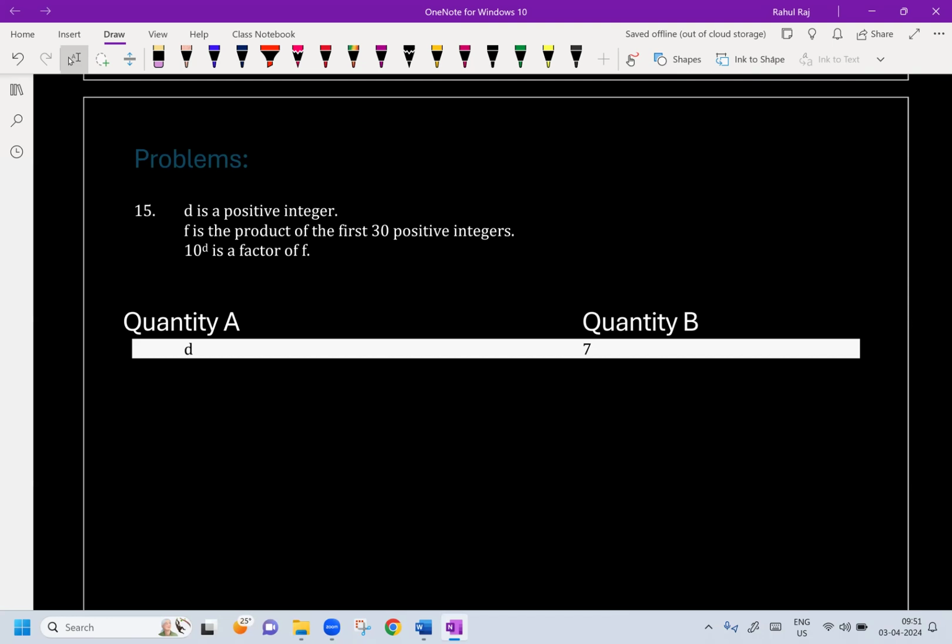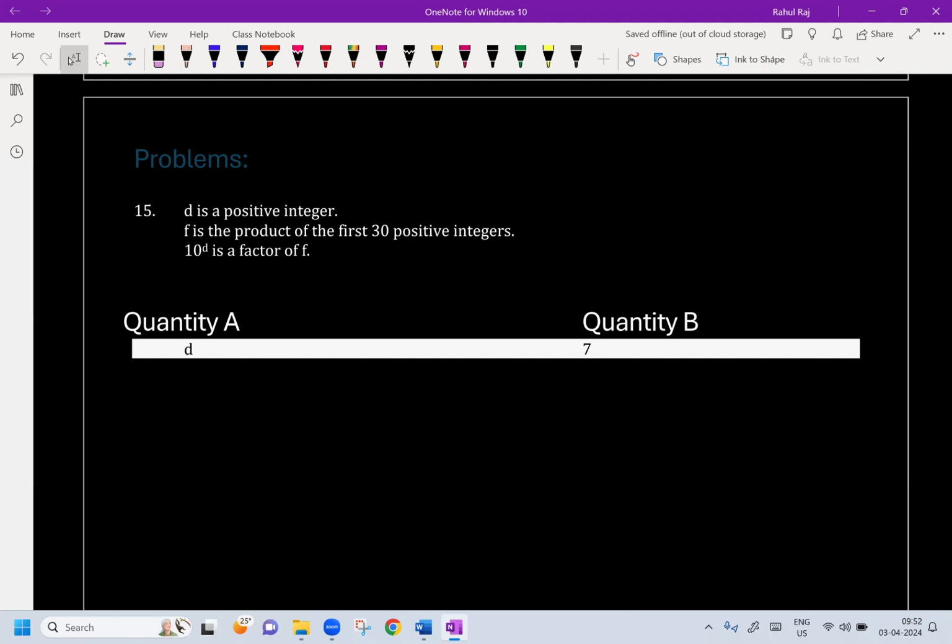Product of the first 30, asking if D or 7 is bigger. So this is how the factorial questions will come. And then question number 8, we have to also do that. I'll come to that.